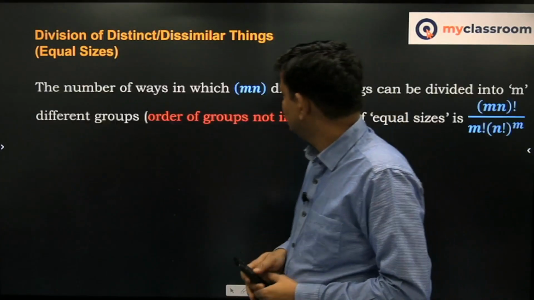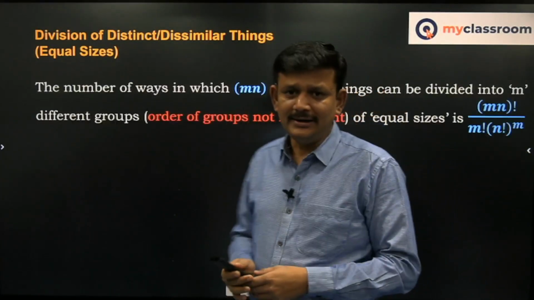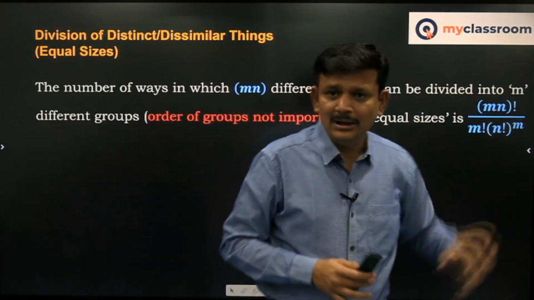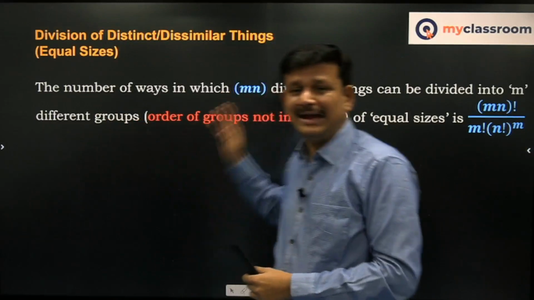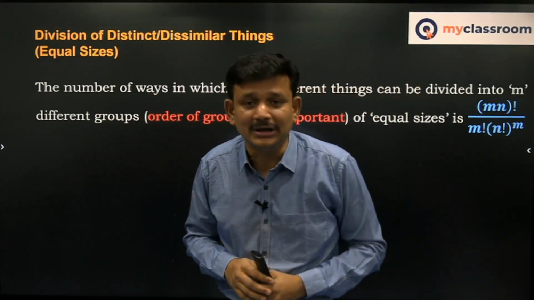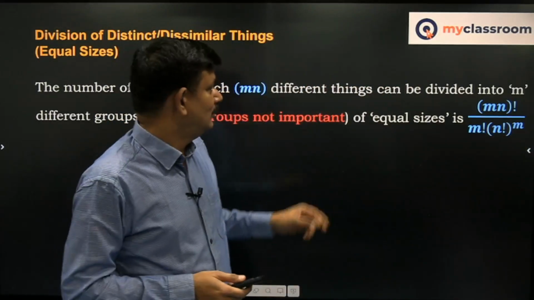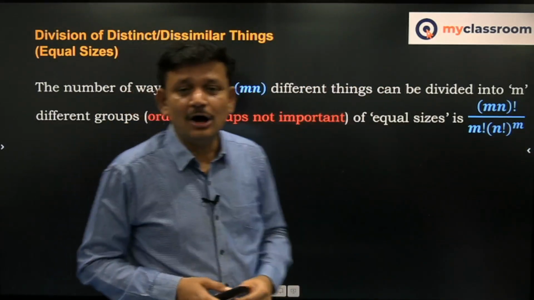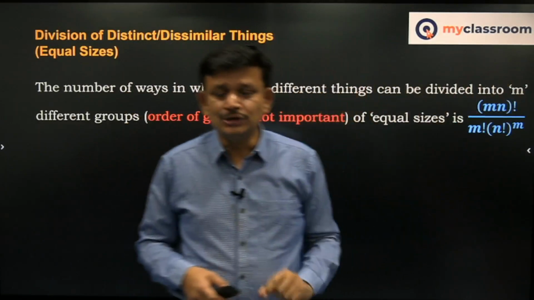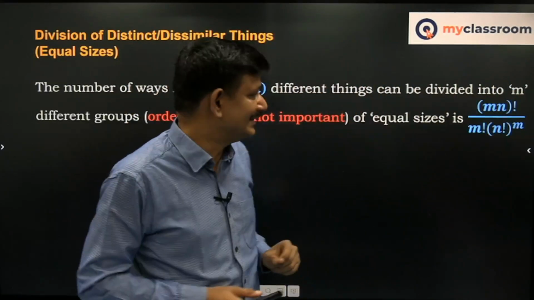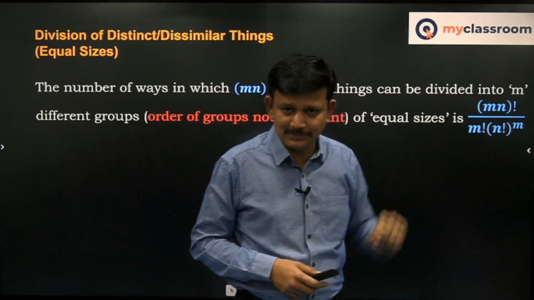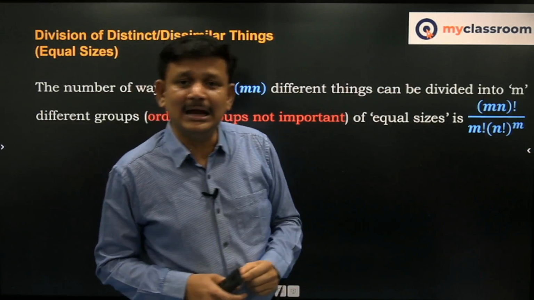Let us say I have mn things all distinct and now I have to split them into m identical boxes or m different groups. Order of the groups is not important. In that case, what will I do? Each group will be getting how many things? n things. I am dividing mn things into m groups. So, each group will be containing n things. So, n! will come how many times? m times. That will be (n!)^m.